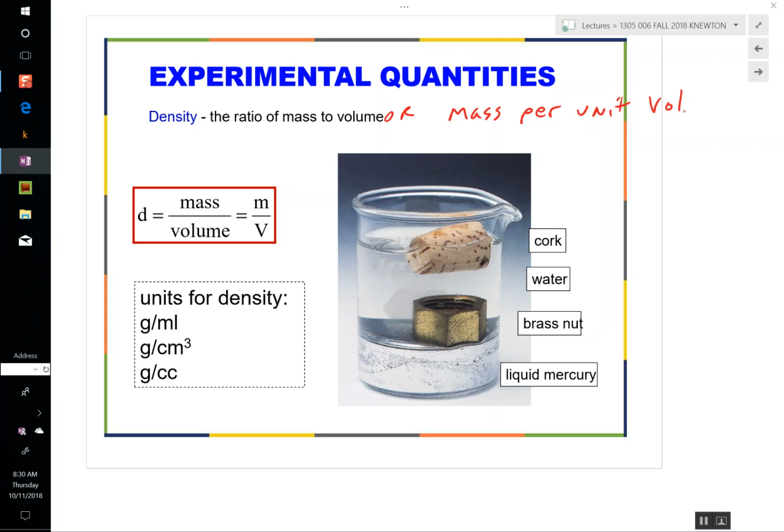All of this is in water. These both sank to the bottom of the water. So here's water, and then here is cork. It could be a chunk of wood. And then even above that is what? Air, gas, which also has a density, but a very low density.